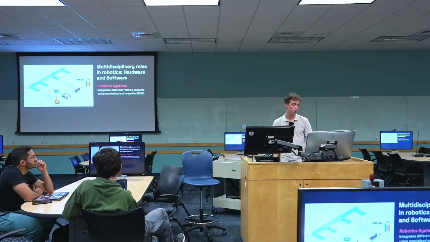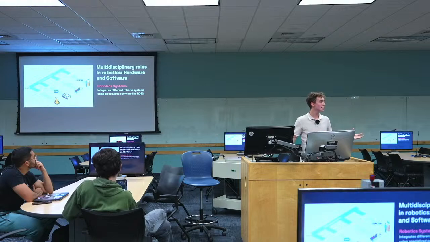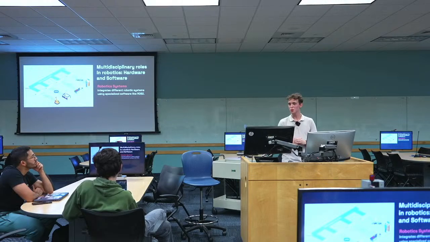Then another one is robotic systems. In robotics, as robots become larger and more complex, we want things to be independent. We want to split the tasks, because imagine that we have a very large system, let's say a Tesla. Imagine that everything is in the same code base. Imagine if something goes wrong. We are screwed.